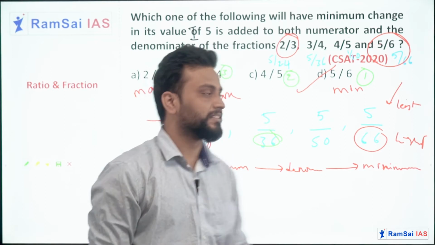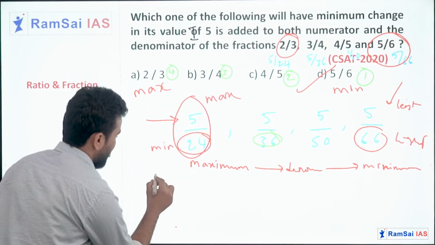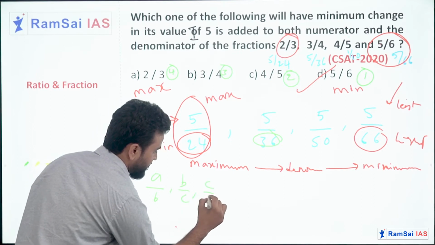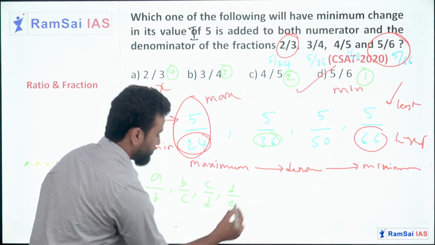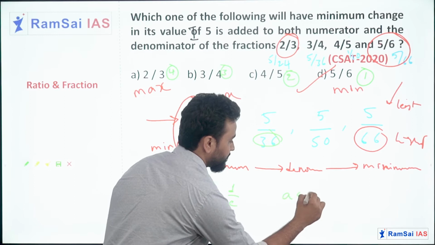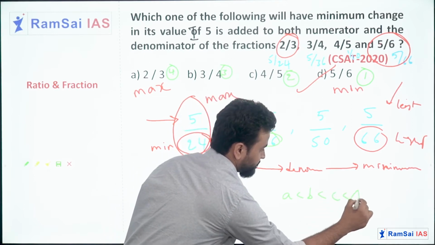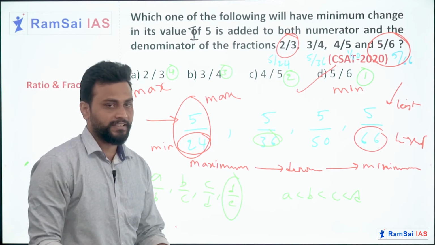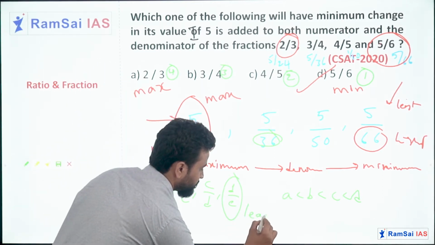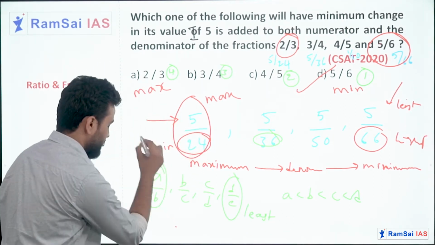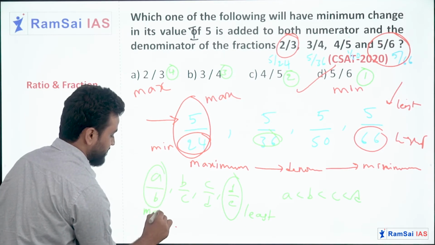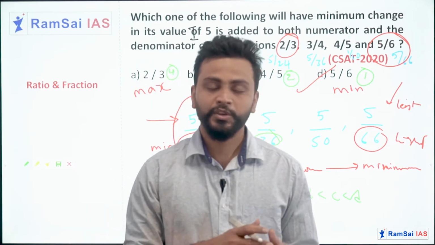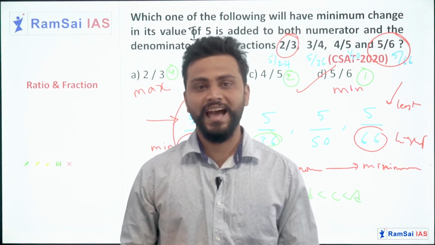If the given numbers are like A by B, B by C, C by D, D by E, where A, B, C, D are consecutive numbers, this will be least affected, this will be affected the maximum in their changes when we are adding something to numerator and denominator as well.